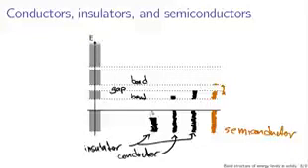Now, conductors, insulators, and semiconductors behave differently in the context of temperature. Consider an insulator like this, or an insulator like this. If I add energy to that insulator, I'm essentially contributing some additional energy to some of these electrons, which would otherwise be filling the lowest possible energy state. So I would be kicking them up to higher energy states.